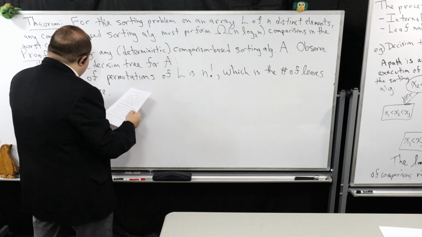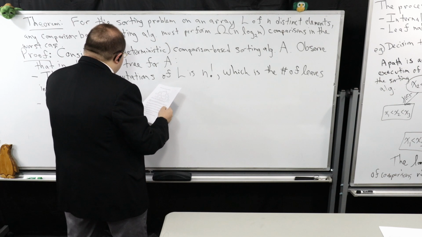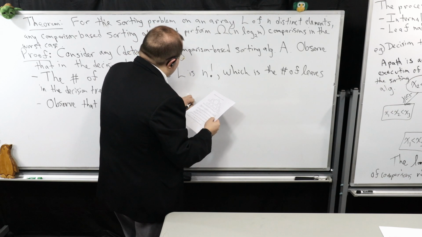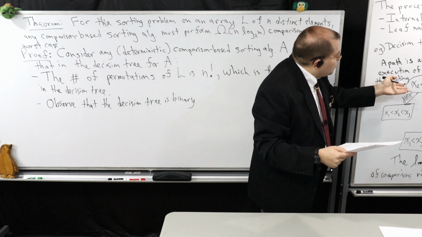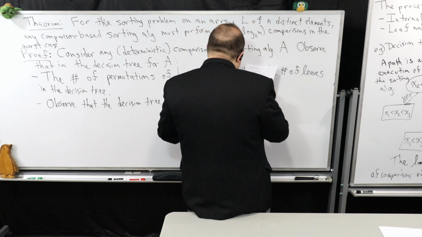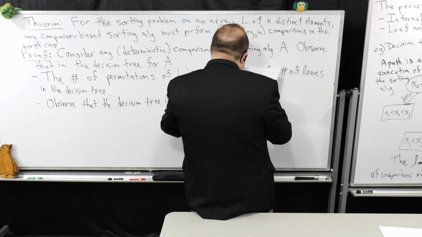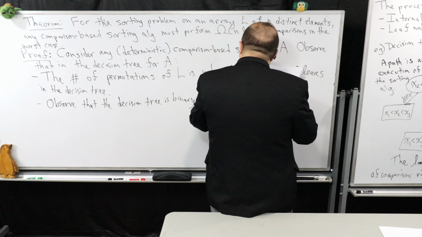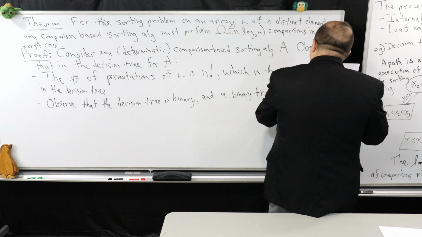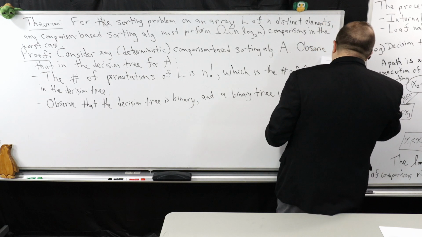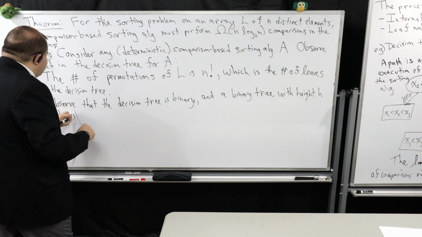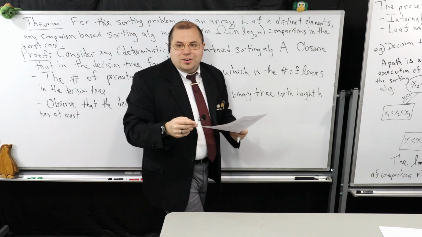Observe that the decision tree is binary, meaning each node has at most 2 children. And a binary tree with height h has at most, now just think about this. If not, we can derive it right now.